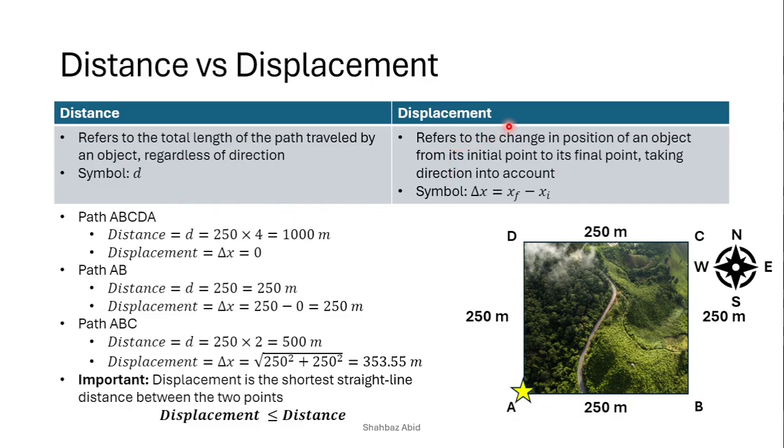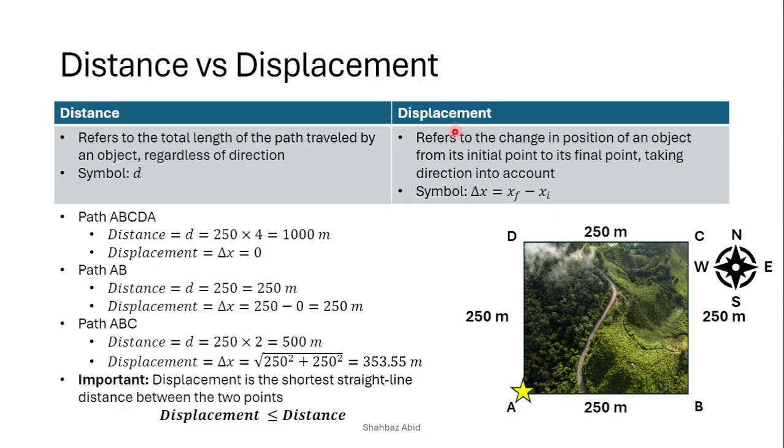Whereas the displacement is a vector quantity, and it is a change in position of an object. Change means you need the final position and the initial position only to get the displacement of an object.